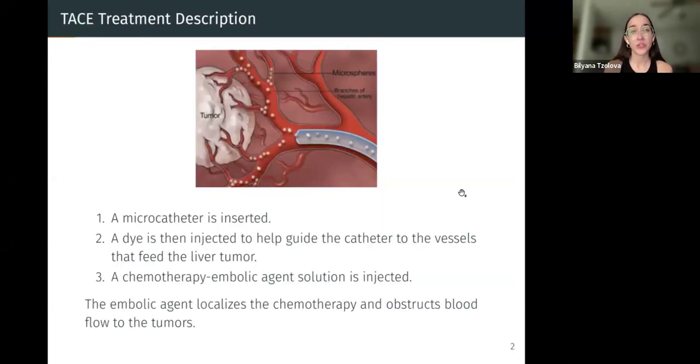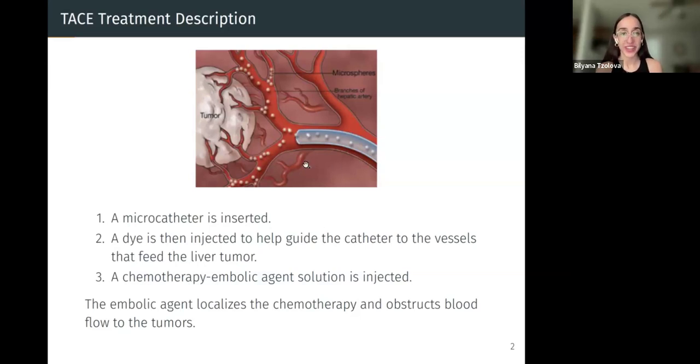So when a patient goes through a TACE treatment, the TACE is applied by inserting a microcatheter, and the microcatheter is then guided up to the liver, and a dye is then injected in order to highlight the vessels that lead to the tumor. Once those vessels are identified, the microcatheter is further guided to the exact vessels that feed the tumor, and the chemotherapy and embolic agent solution is injected.